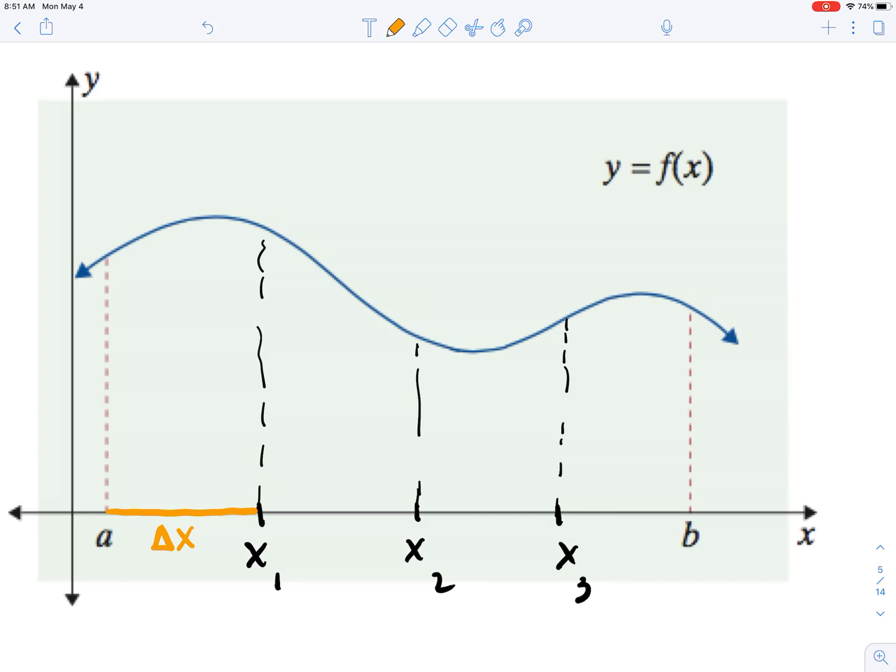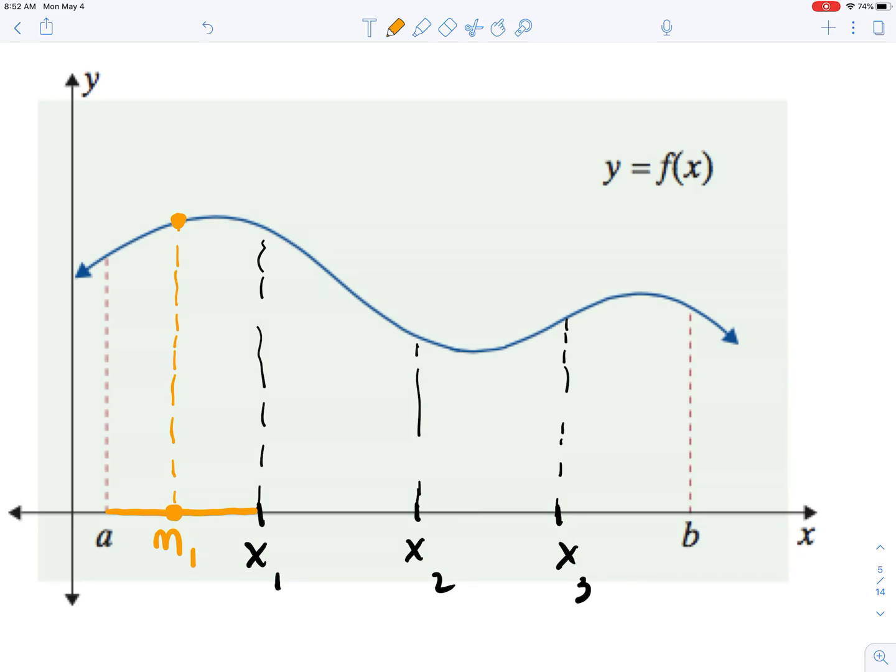From A to x sub 1, the width of the rectangle would be delta x. If I'm using the midpoint of the subinterval, which would be halfway between A and x sub 1, I'm going to call that m sub 1 for midpoint.